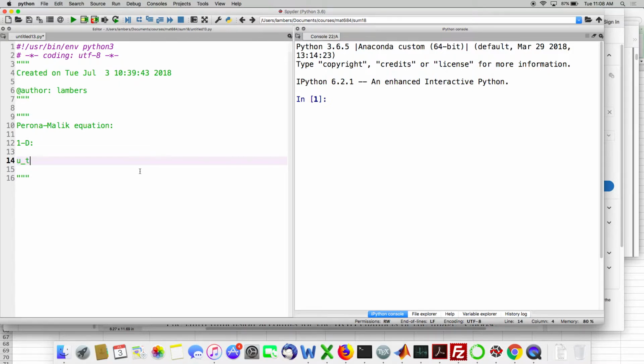Okay, du/dt is equal to d/dx of 1 over 1 plus k squared u_x squared times u_x. So this is the Perona-Malik equation scaled down to one dimension. So in other words, we're assuming that du/dy is equal to 0.